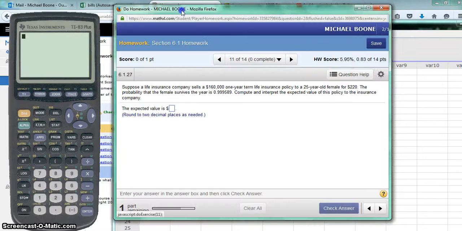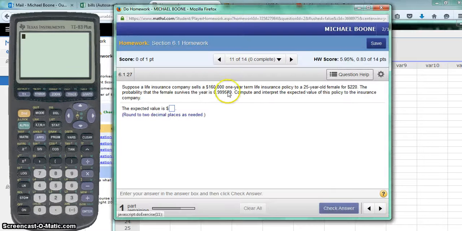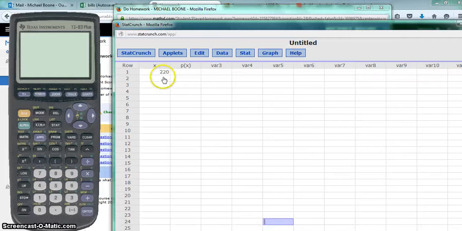So if I pay $220, that's a loss to me. But this is in the mind of the insurance company. So the insurance company could make $220, and that's if I live, because they're going to collect $220. If I die, they have to pay out $160,000. So they've collected $220.